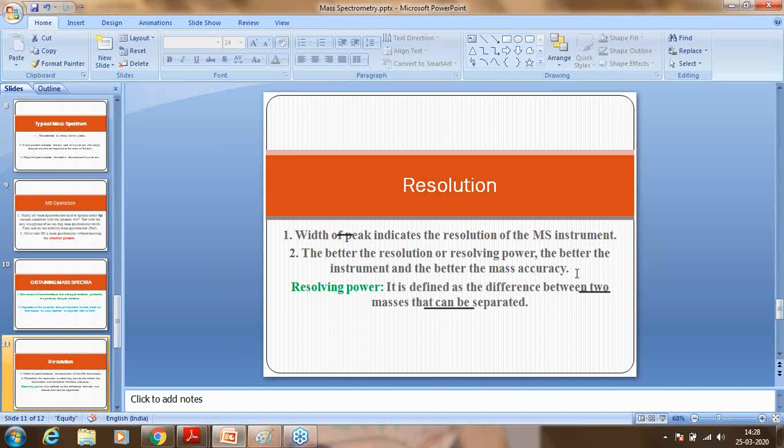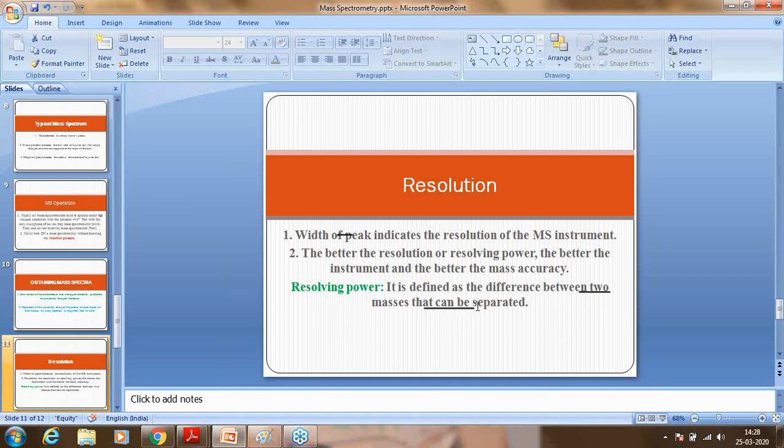What is resolving power? Resolving power is the power of the instrument to distinguish between two masses that are separated. So the instrument should have the power to give the difference between two masses that can be separated.